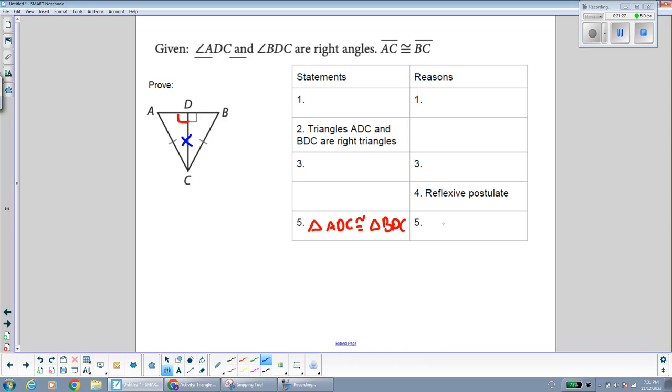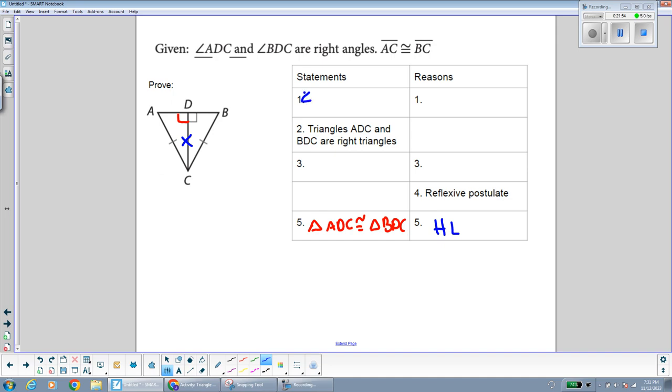So we are going to be using HL here. So even if you don't know the rest of the proof, you can use your information in order to figure out how you're ultimately going to be proving the triangles congruent. And your reason for proving the triangles congruent is always going to be one of our 5 shortcuts, because that's how you know they're congruent, if one of those 5 methods that we learned about applies.